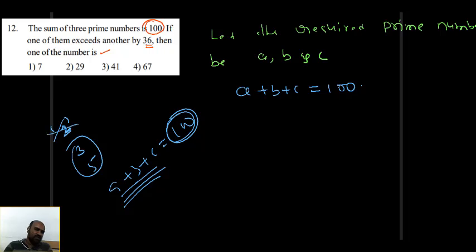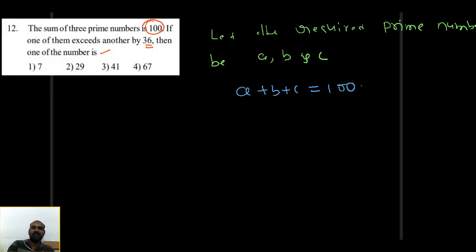Assume that none is 2. Prime numbers are all odd except 2. Assume that these are all odd numbers. Odd plus odd plus odd is again odd. Here the sum is given as even. What it means is that any one of A, B, C must be the prime number 2. That is the logic.